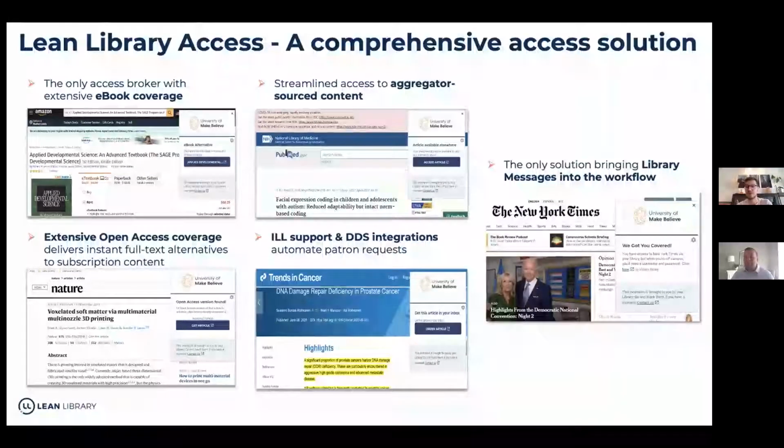The last feature that I wanted to showcase from Lean Library Access is the assist messages. The example that we chose here is the New York Times example. The New York Times is licensed by most of the institutions that we work with. Now, the problem is that the New York Times cannot be authenticated through the default authentication systems, such as EZProxy or any SAML-based authentication.